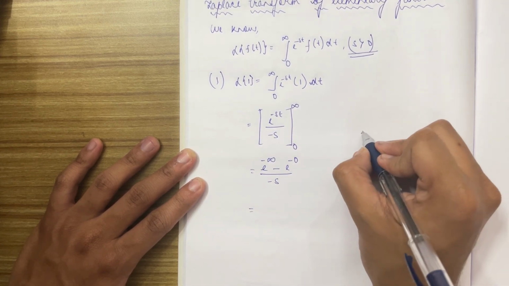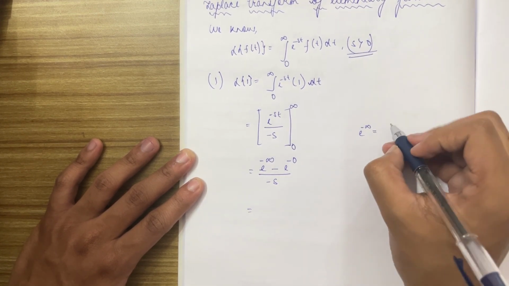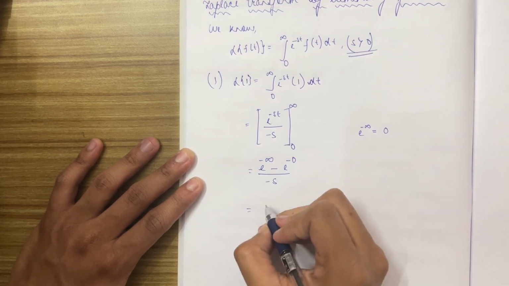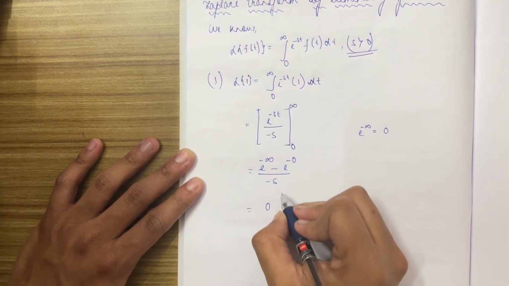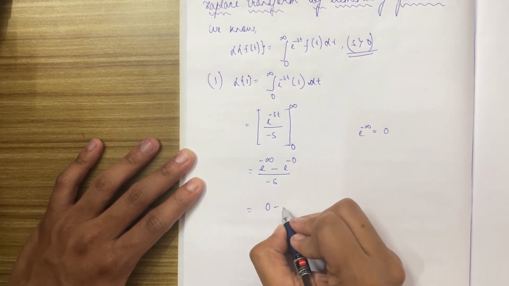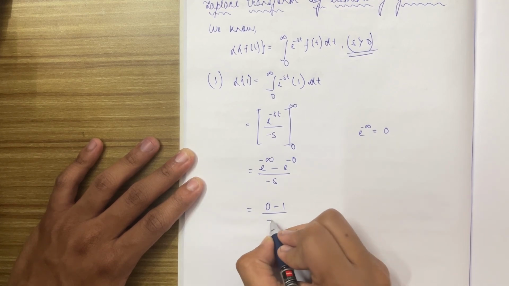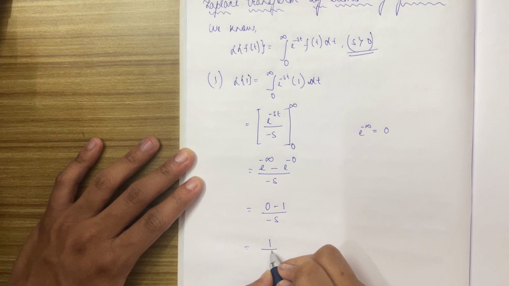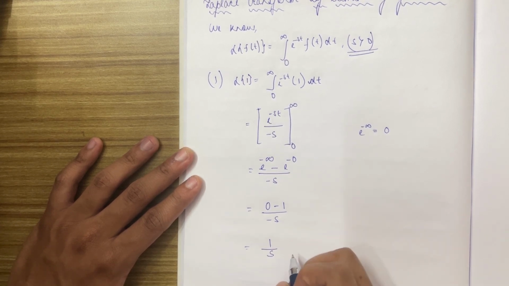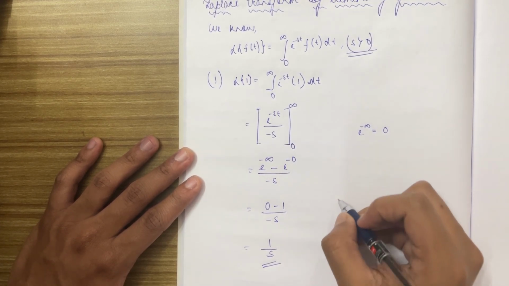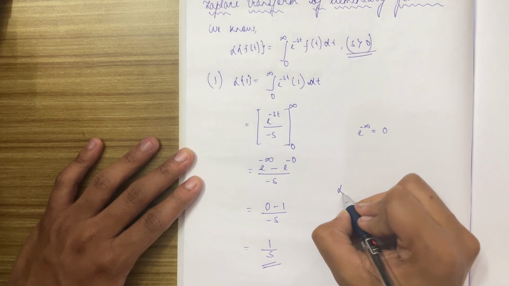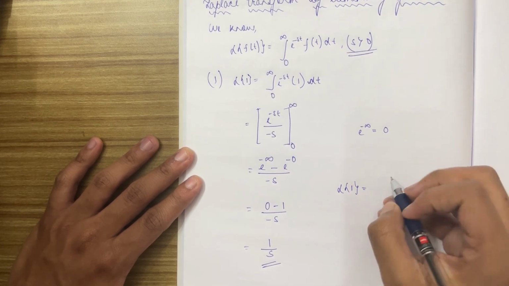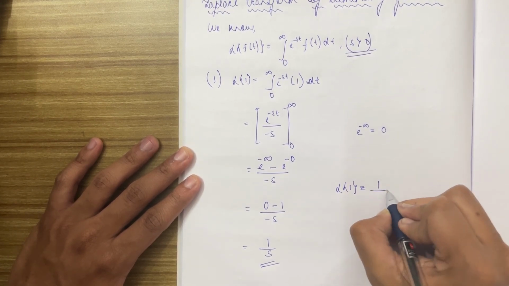So we know e to the power minus infinity is always 0. So we will get 0, then e to the power 0 is 1. So overall we get 1 by s. So 1 by s is the formula. What we get is Laplace of f of t equals 1 is 1 by s.